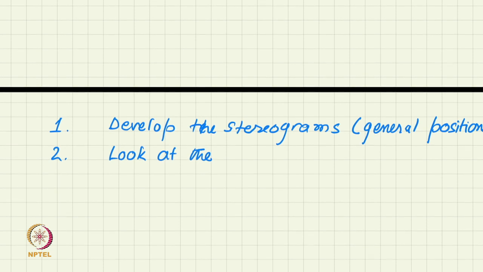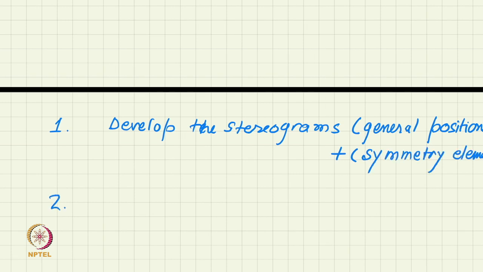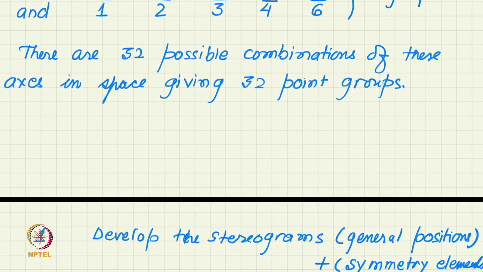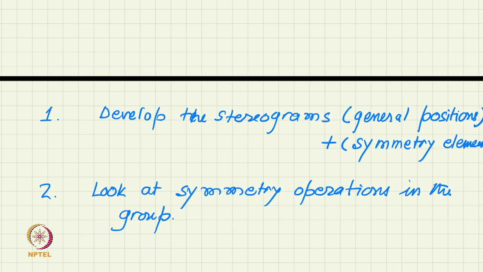We will also include in the stereogram the symmetry elements, and we will also look at the symmetry operations in the group. So, these two things we will do for the 32 crystallographic point groups in gradual steps in a somewhat systematic way in the coming videos. Thank you.